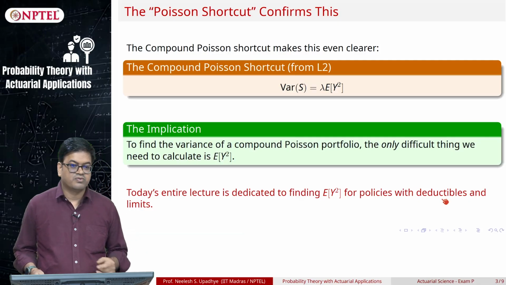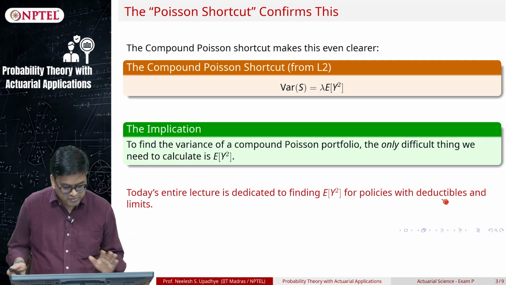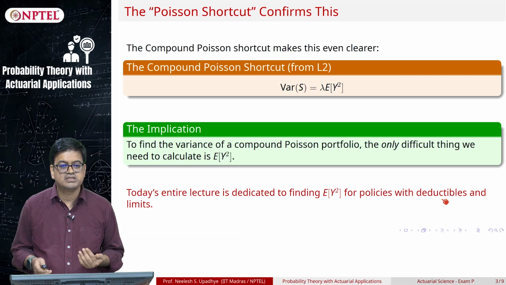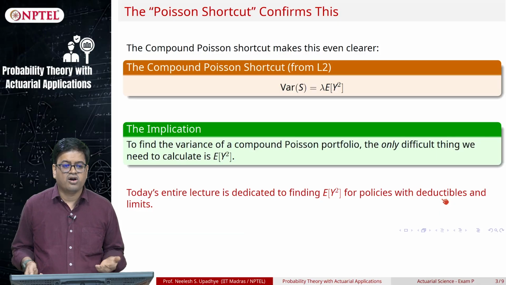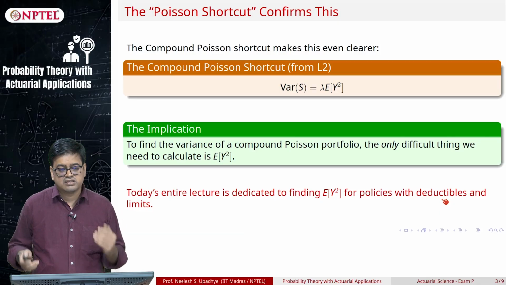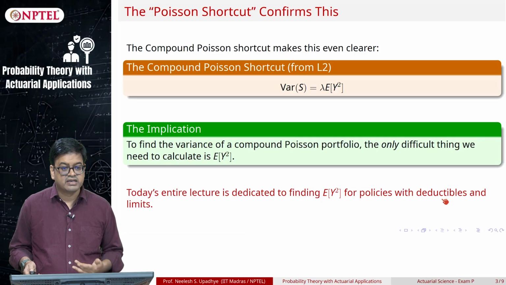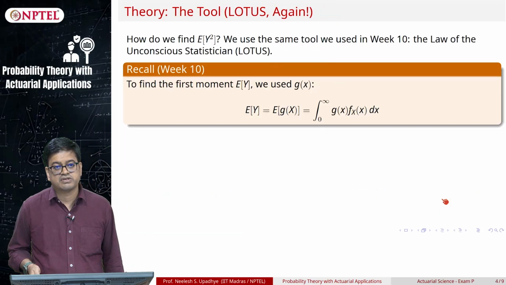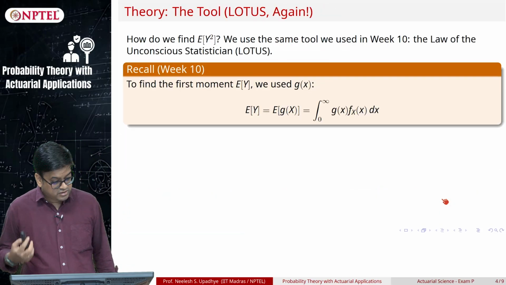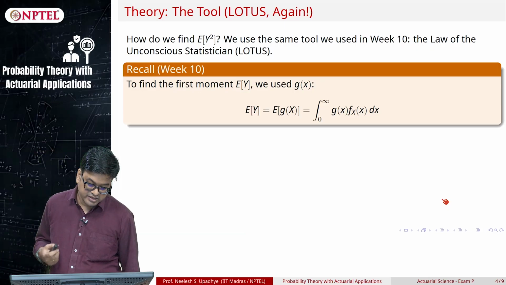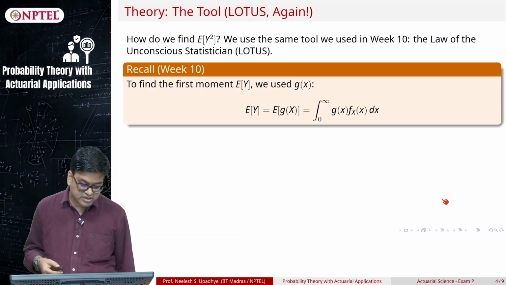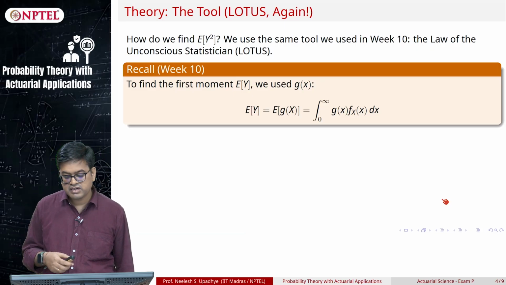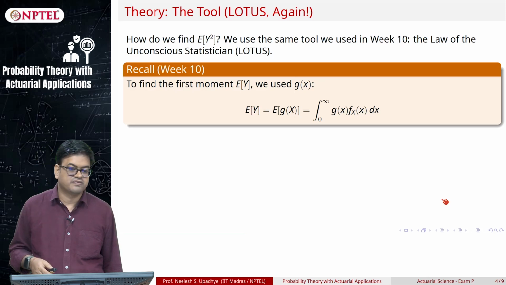So let us go one by one. Naturally, what will be our key tool here, as when we were deriving deductibles and policy limits? The LOTUS, the law of unconscious statistician. So that will help us. Let us use that to derive expected value of Y squared. For the first moment we used it like this: expected value of Y is equal to expected value of g(X), and it is the integral from 0 to infinity of g(x) f(x) dx.